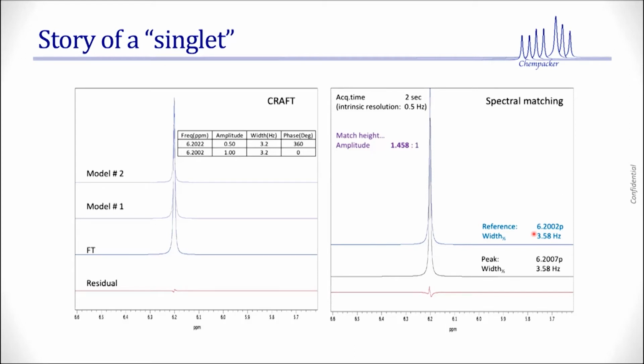But that definition that it is a singlet was made because I looked at it, it looked like a singlet, it smelled like a singlet, it is a singlet. I made a decision that it is a singlet by purely visualization tool. And I said, everything within this line width ratio, I'm okay, that is perfectly acceptable.